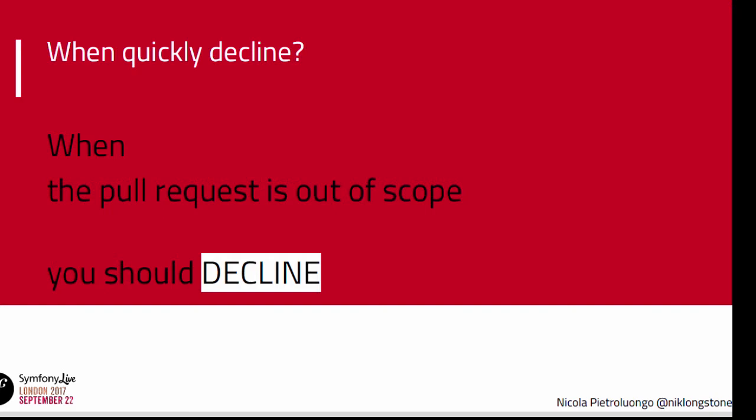You have to decline because the developer is probably using the company's time wrongly, trying to address something that is not needed. Also, it probably wastes the reviewer's time, because as a reviewer, I have to review more than I really need. And then I add more confusion, and confusion can also turn into bugs.